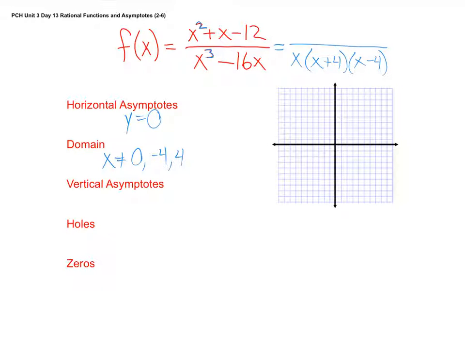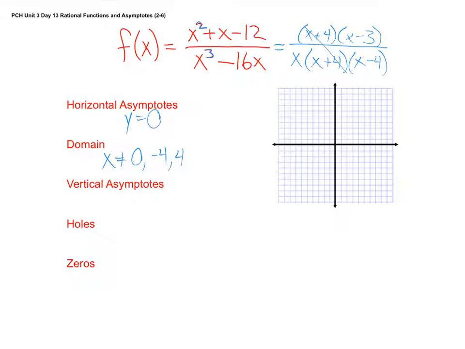So that means those three values are either going to give us vertical asymptotes or holes. So to figure out what's what, we're going to factor our numerator. That's x plus 4 times x minus 3. And you'll notice here, the x plus 4s will cancel out.